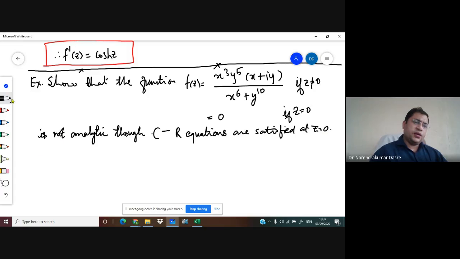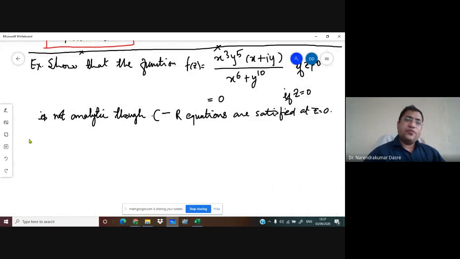Here we have to show that this function is not an analytic function, although it satisfies the CR equations. So this example will give you the idea why these CR conditions are not sufficient. They are necessary, but not sufficient. Okay, so here we'll go with the solution.